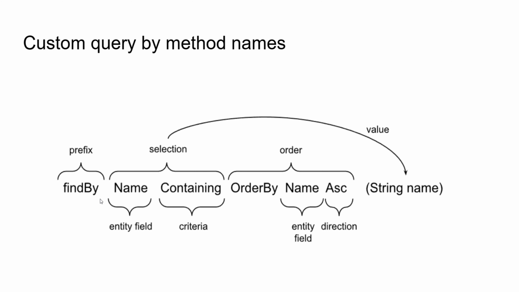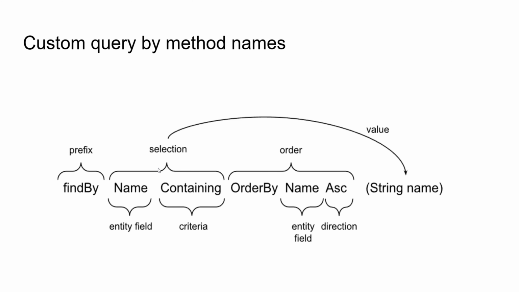It parses the method name, matches this to your entity fields, and generates the SQL at runtime. No extra annotations, no raw queries, just pure naming power.